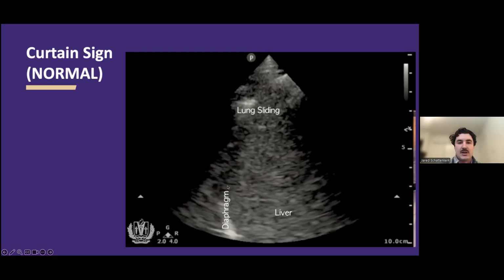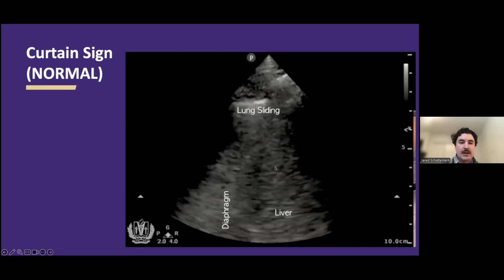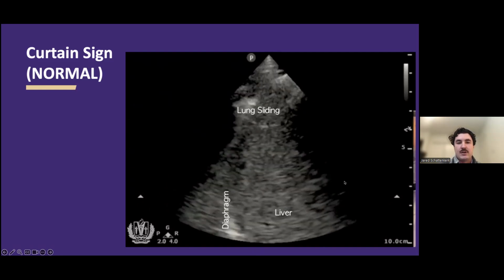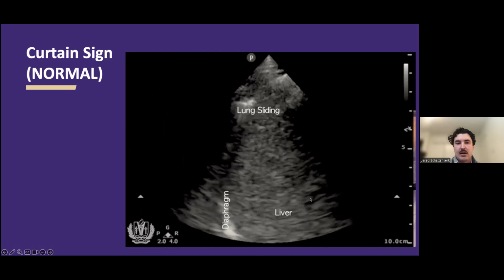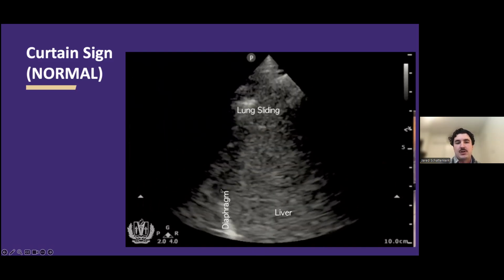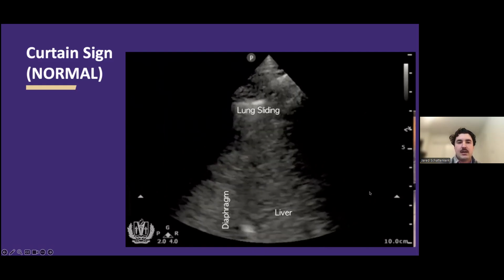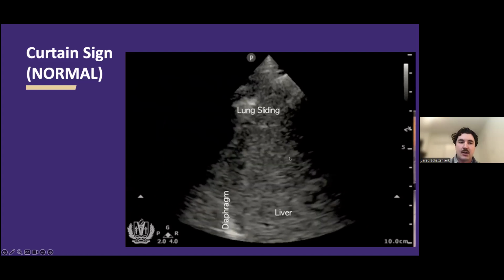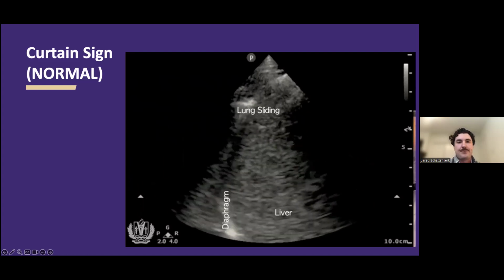Whereas before you see the diaphragm here, lung here, liver here, as the patient takes a breath, the diaphragm moves down, pushes the liver down, and the lung tissue takes up the entirety of the image. It almost looks like a curtain going over the liver. That's a normal, healthy finding. As you're looking for it, this is what you'll see and what'll tell you that you're at the correct PLAPS point, because it certainly doesn't always look as pretty as the last images.